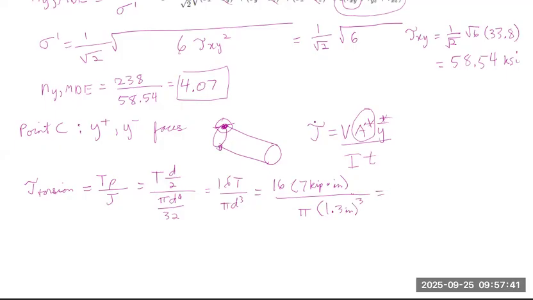And this is equal to 16.2 ksi. And now we will calculate the normal stress due to bending. And this will actually be in the x direction.